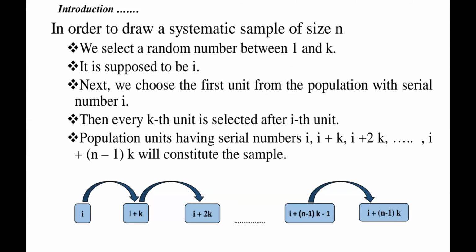Next, we choose the first unit from the population with serial number i. And then every kth unit is selected until we have a sample of size small n, so that we have a systematic sample of size n.